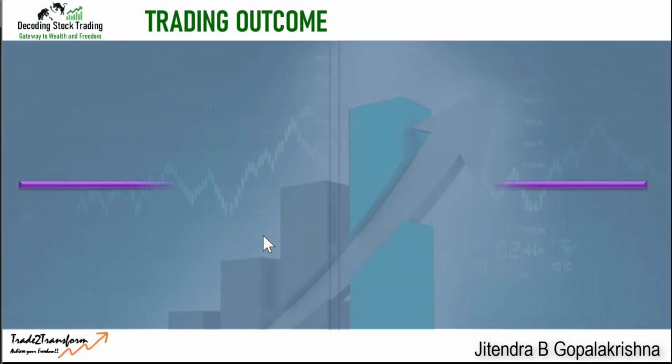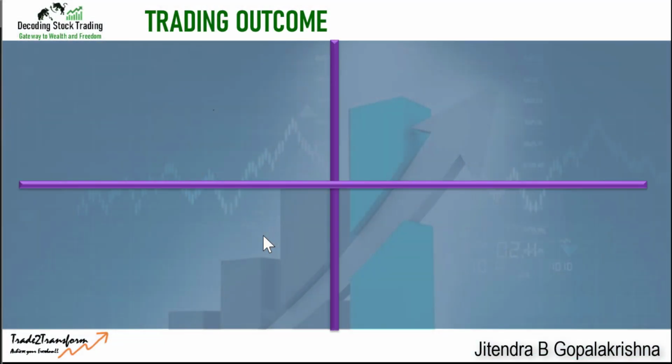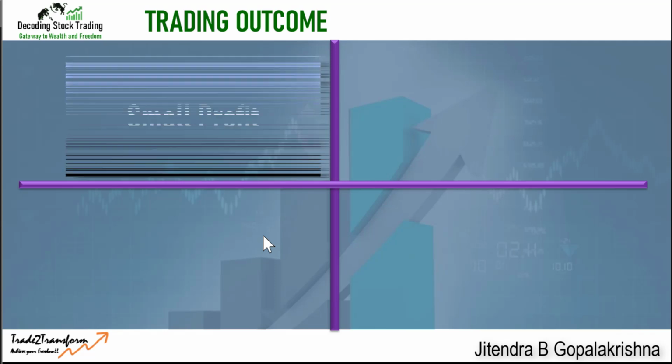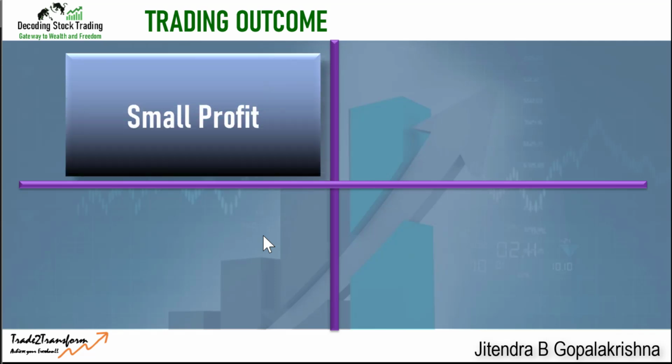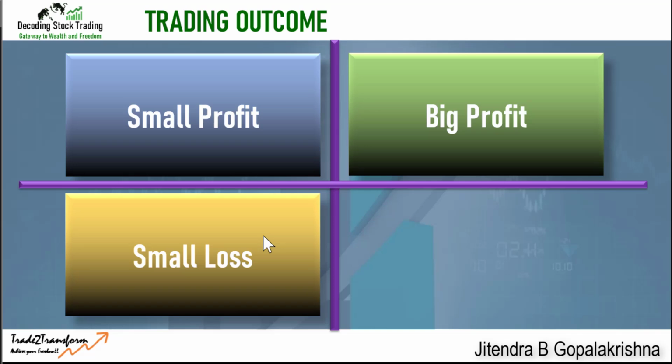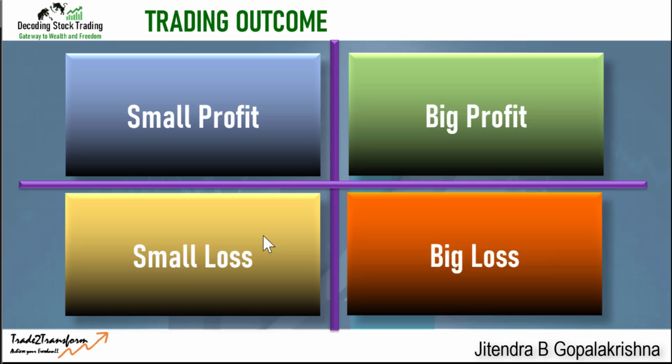First and foremost, let's understand what the outcomes are. Once you know the outcome, you will know what to manage, right? We've already discussed this in the risk part as well, so let me reiterate. There are 4 outcomes for any trading you do: a small profit, a big profit, a small loss, or a big loss.